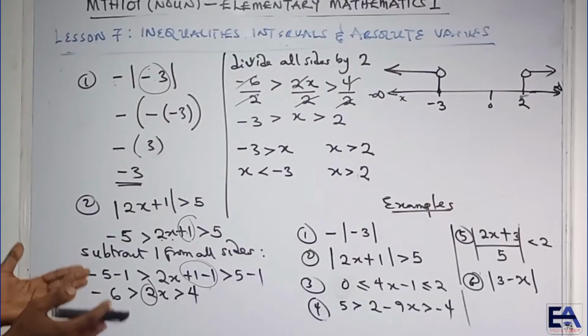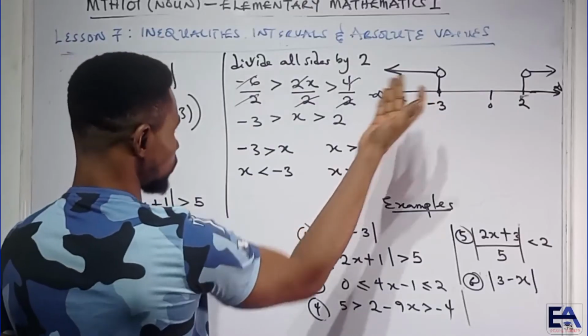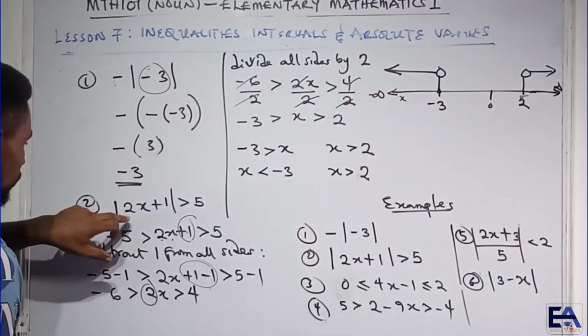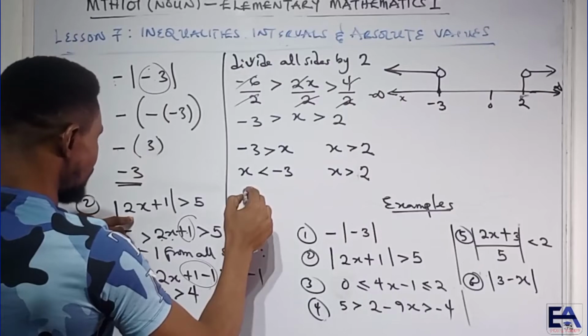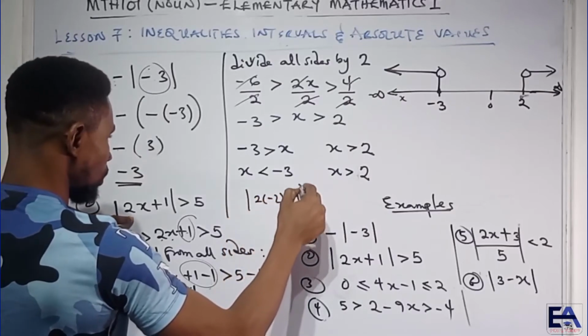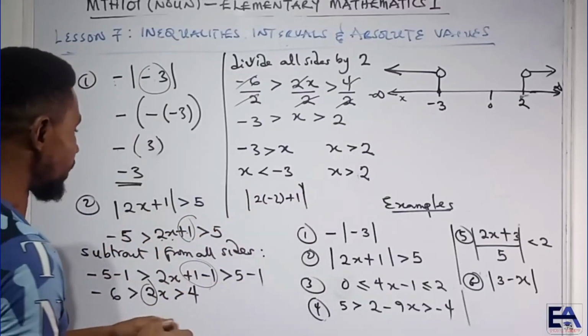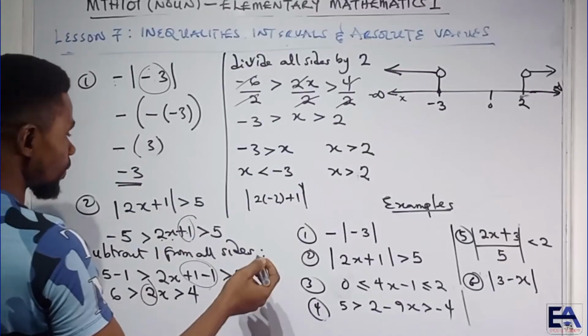Now if you want to put a test, okay, let's see. Let's assume x is something like -2. If we slot in -2 here, we are going to be having absolute value of 2 times -2 plus 1. Let's see if it is truly going to give us a number greater than 5.